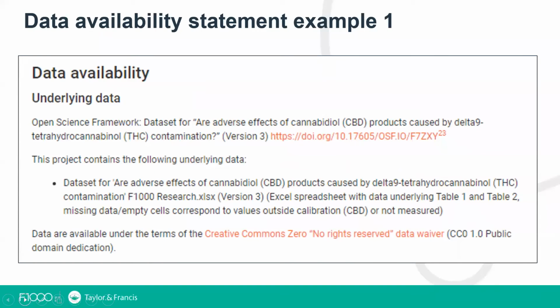Now, these are some generic examples of the data availability statement, so I'll quickly go through them. This is the first one where your data is clearly available for anyone to use and reuse. It has a CC0 public domain license. You can see that it is very clearly mentioned that the data is in the form of Excel spreadsheet, and it is shared for everyone.